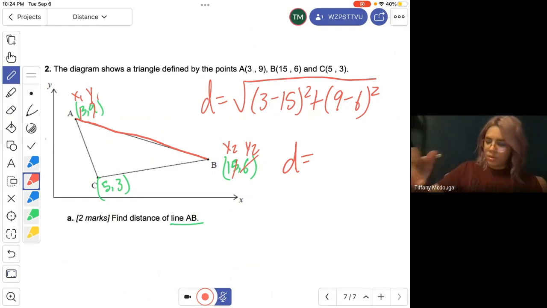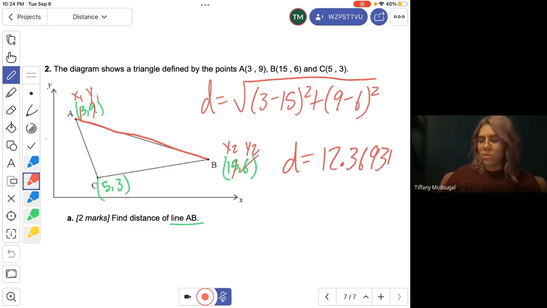Again, the square root of 3 minus 15 squared plus 9 minus 6 squared, and that gives us 12.36931688. There you go. And when we round that to 3 sig figs, we get 12.4.